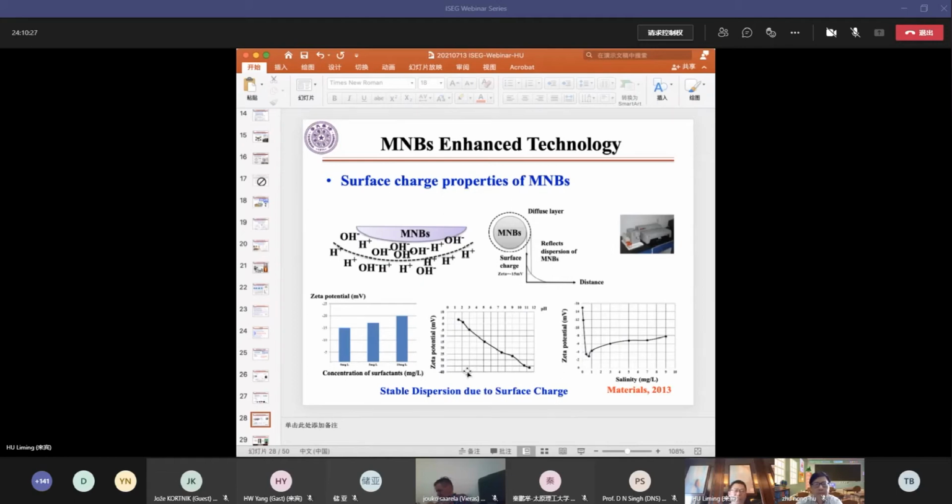As I just mentioned, the micro nanobubbles have a surface charge, so they can stay in water for a very long time. That means if we use some toxic gas in the micro nanobubbles and inject it into the groundwater, it can stay in the groundwater and not escape from it. So it has no secondary contamination.